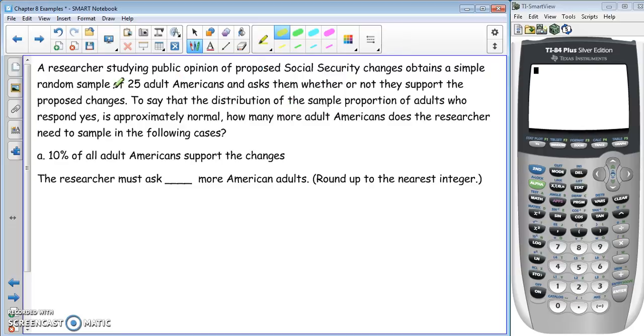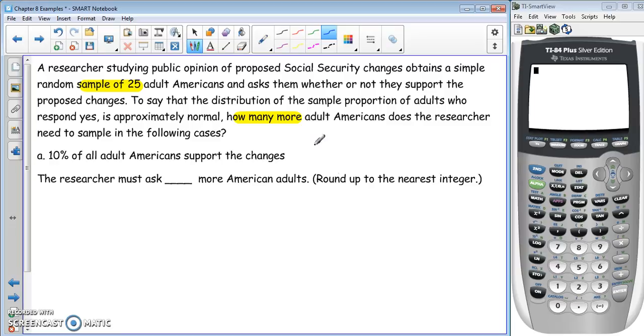So, key thing here is that we've already obtained a sample of 25 and we want to know how many more we need to sample. We're talking about Americans, so chances are that our sample size is less than or equal to 5% of the population.